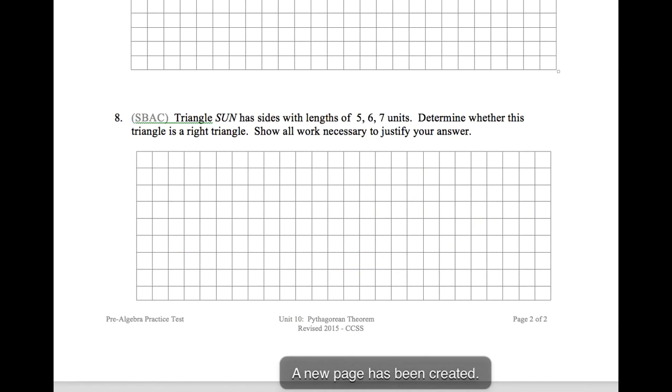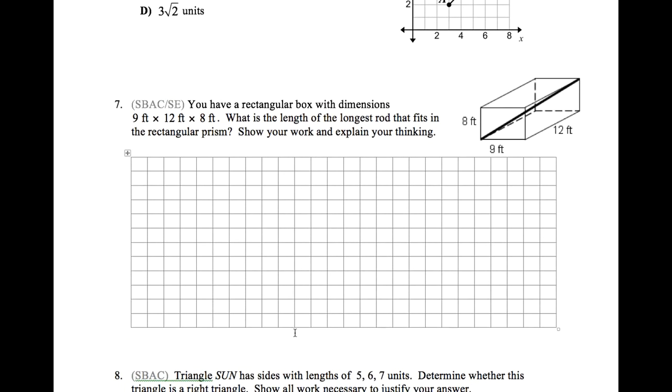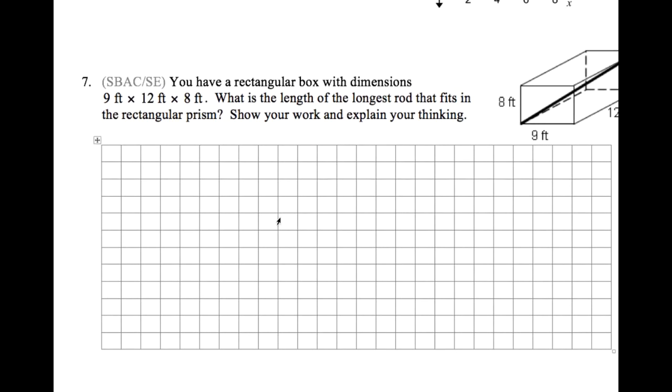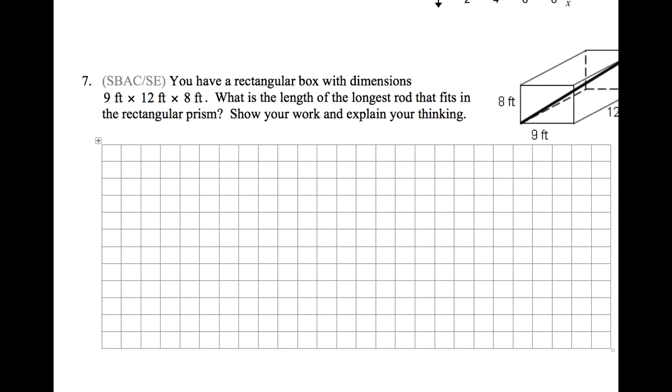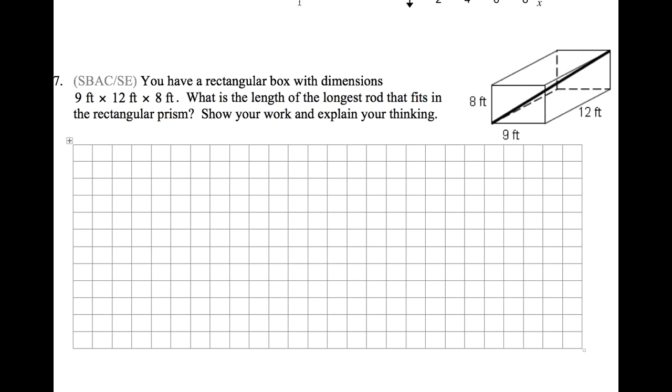All right, let's tackle number 9 or number 7. Okay, you have a rectangular box with dimensions 9 by 12 by 8. What is the length of the longest rod that will fit in this rectangular prism?